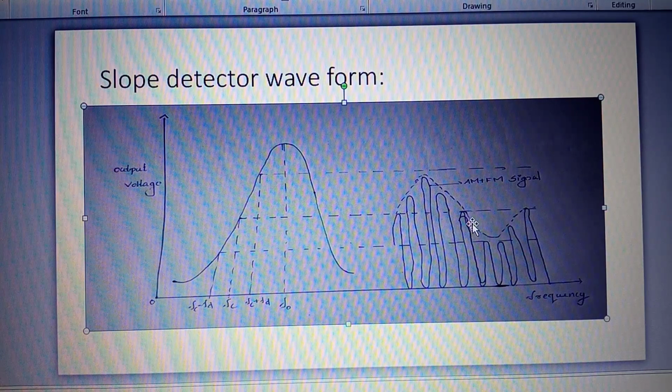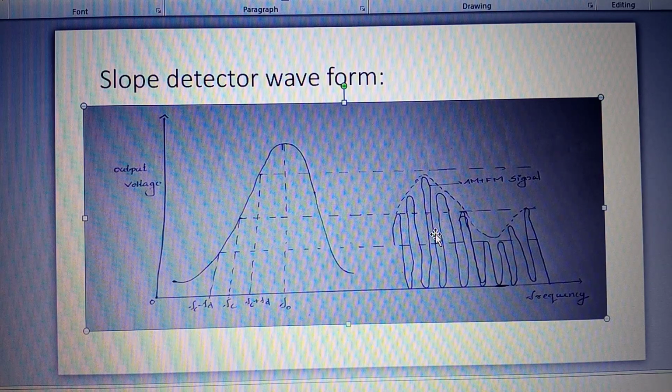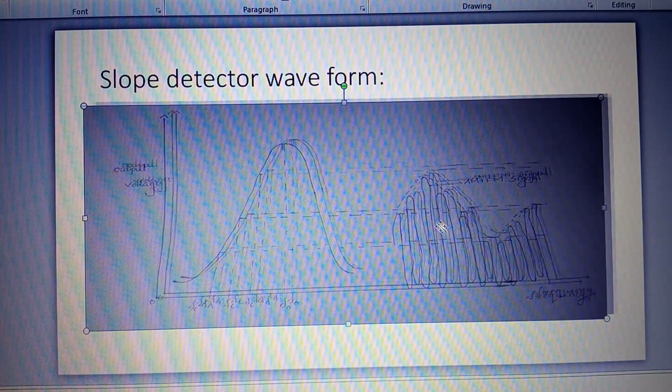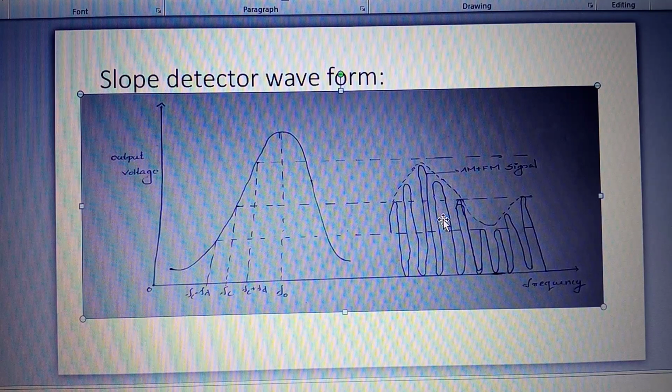So the input wave given to the frequency selective network is an FM modulated wave, but the output we get from the frequency selective network, the tuned circuit, is an FM wave with amplitude modulation. So this is what we get as the output of the frequency selective network. This output is actually an AM plus FM signal.